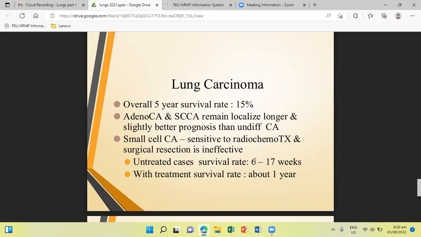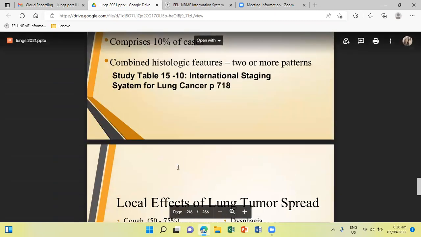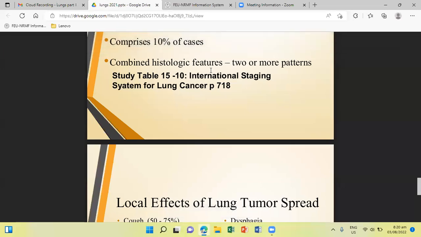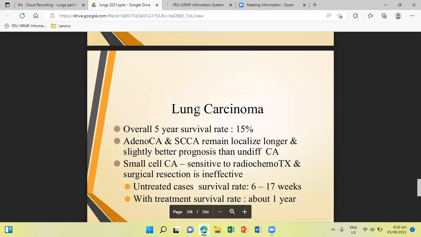When the histopathologic report is released by the pathologist, the surgeon and the pulmonologist will then do staging. After doing the staging, I have placed it here. With this staging, you will then be able to know the more likely prognosis of your patient.